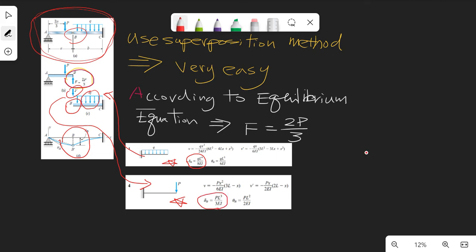So in this case, we can say delta B is separated into two parts.